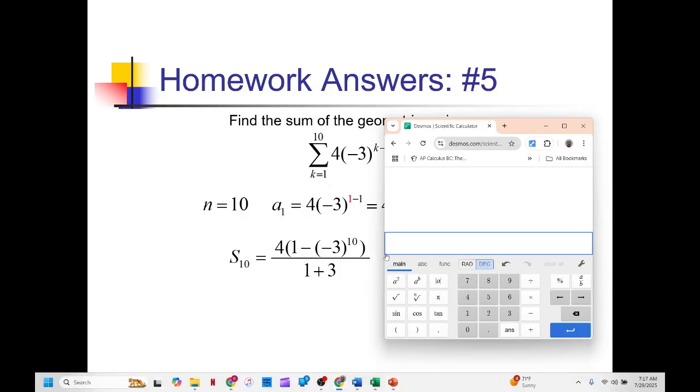I'm not going to try to do this in my head. Let me make a fraction. On the top we have 4, and then we have 1 minus parentheses negative 3. Raise that to an exponent of 10. And let's close the upper parentheses. Down below now we've got 1 plus 3. And that all gives us a grand total of negative 59,048.